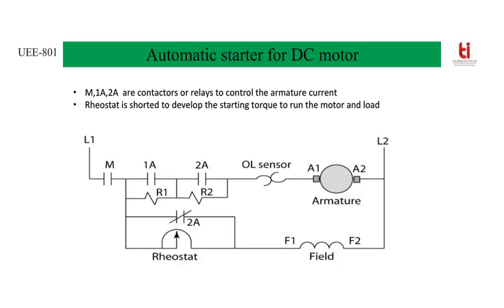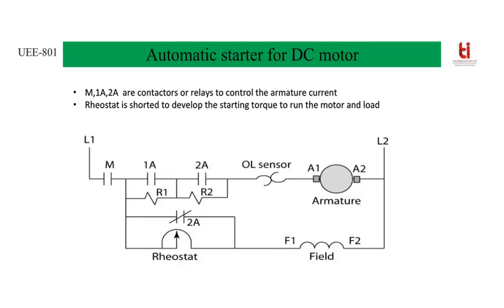At the same time, current will be there in the field winding in the direction L1, M, 2A, F1, F2 and L2. Now this contactor 2A just above the rheostat is to be energized because at the time of starting flux strength must be more so that starting torque will be developed. Once the motor has achieved rated speed, then the field winding resistances can be placed across the system.